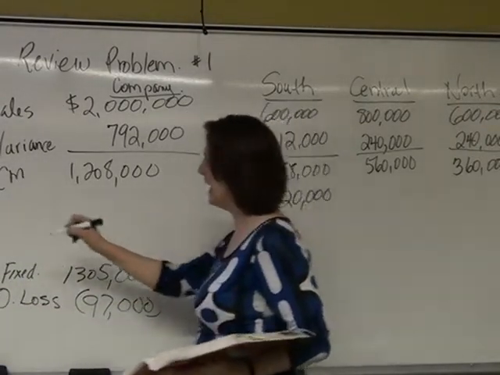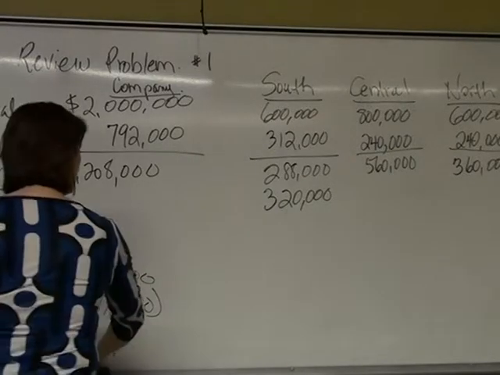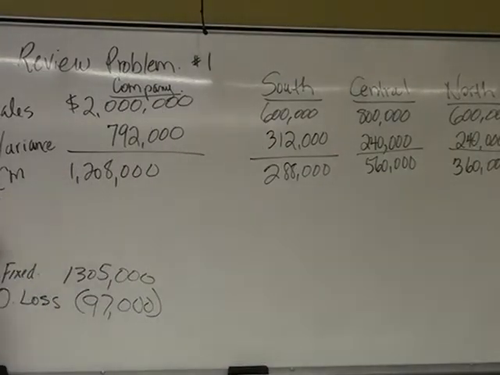So this is our contribution margin. So this all stays the same. Now what do we have in our format? What's the next thing that I need to do? What do I need to put up here? What's next? Traceable fixed costs.